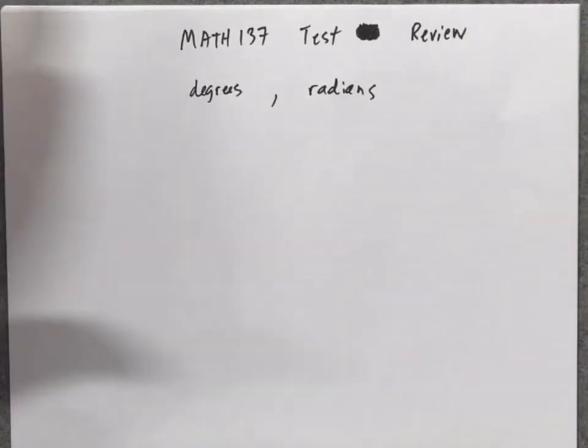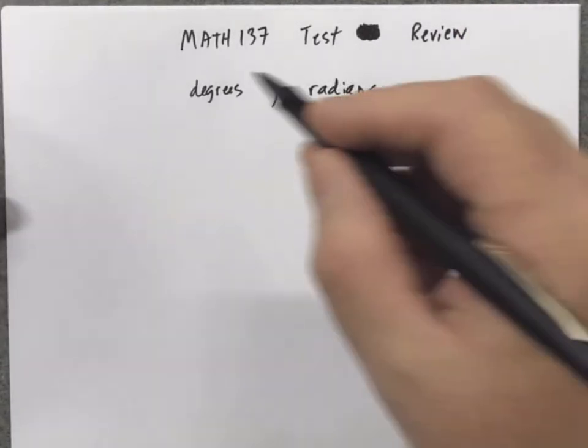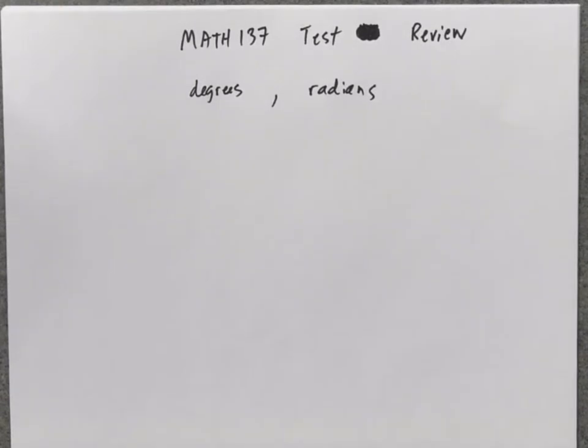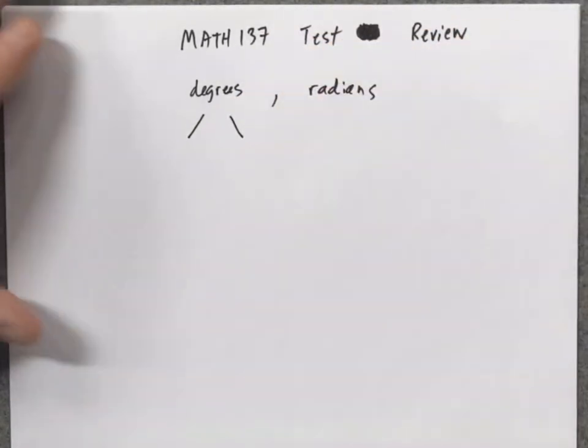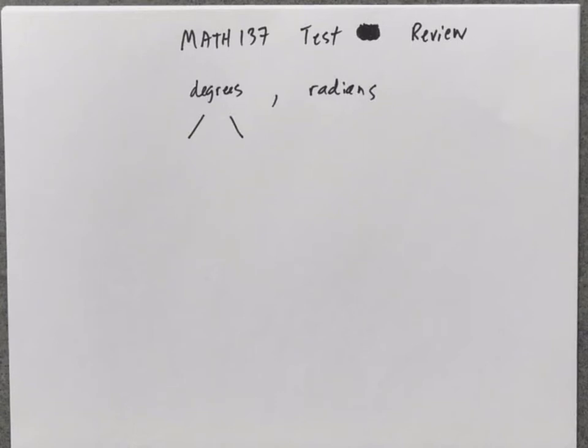And in a minute, we're going to do some problems where we look at angles both in degrees and radians and convert back and forth. And throughout the rest of this class, sometimes we will have problems with angles in degrees and sometimes with angles in radians. But within the degree world, there's also two different ways to express those angles.